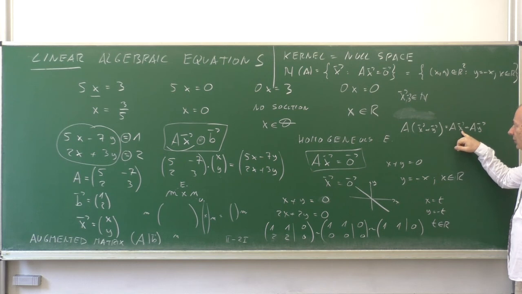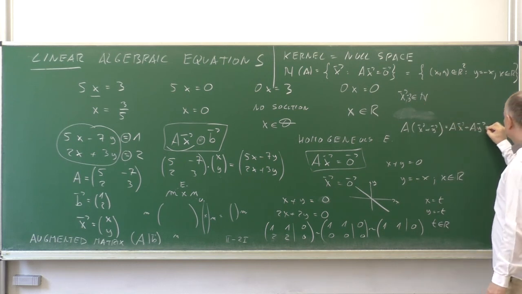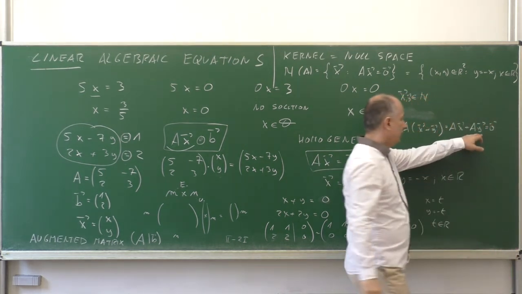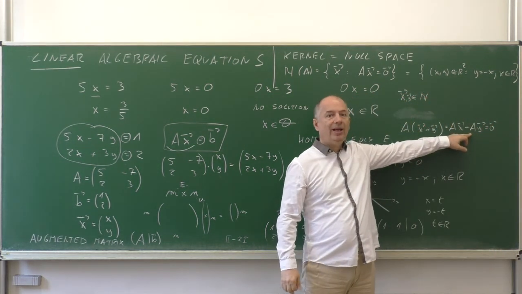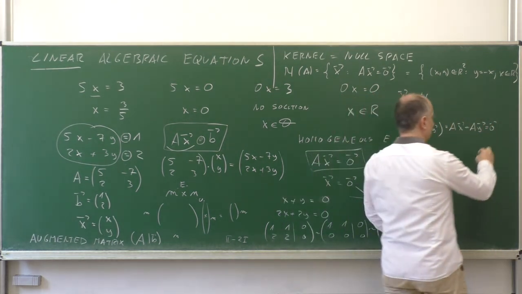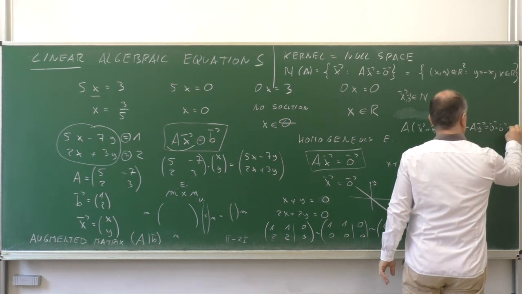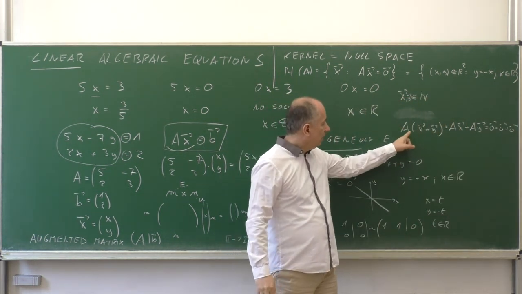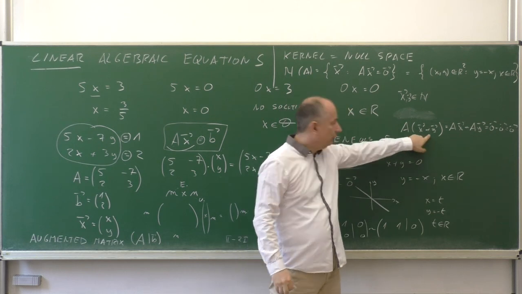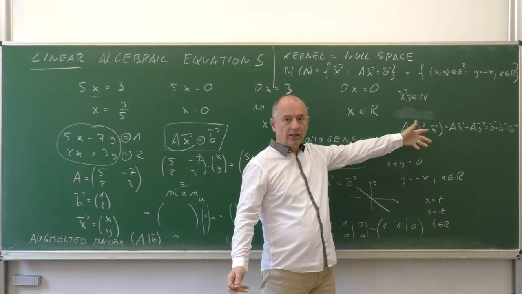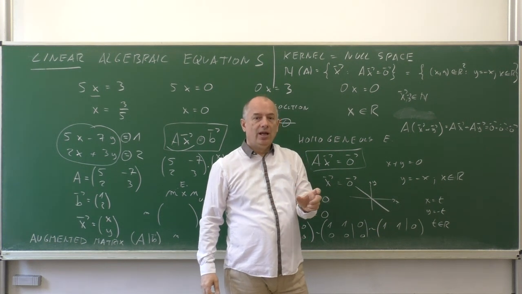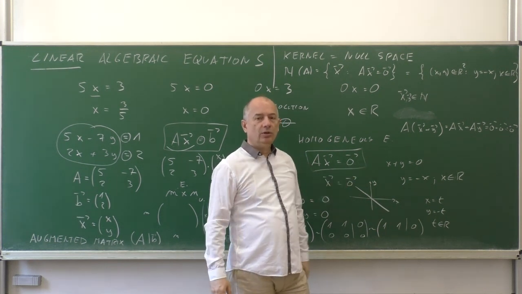But if x is in the null space of A, then Ax is 0. And similarly, if y is in the null space, then Ay is 0. But 0 plus 0 is 0, so you see A times this new vector is again 0. So the sum of the two solutions is again a perfect solution to the homogeneous system.